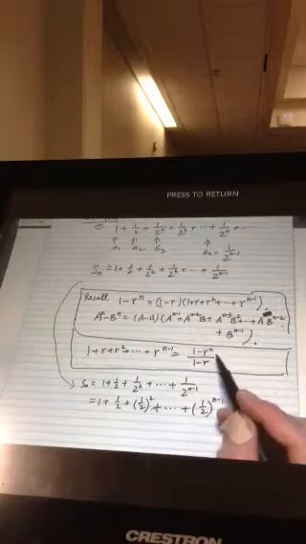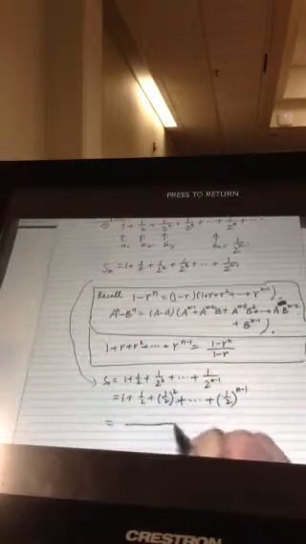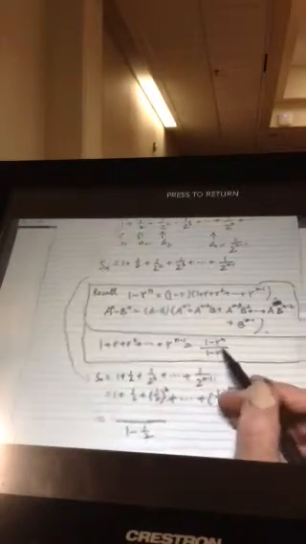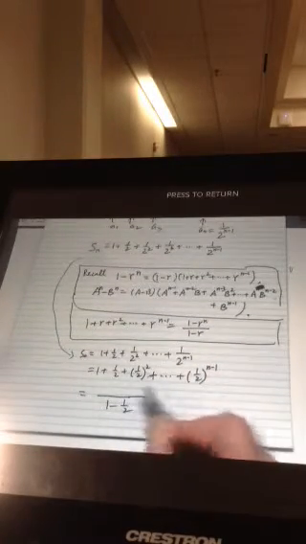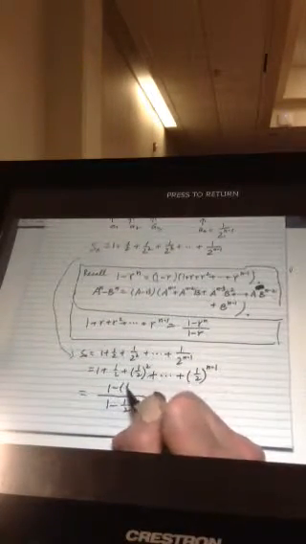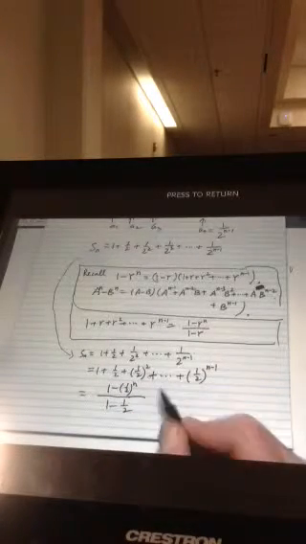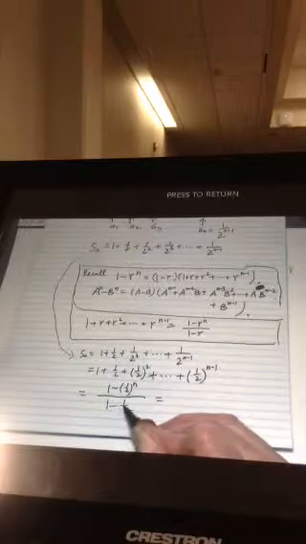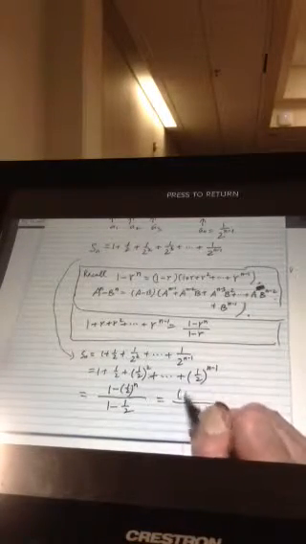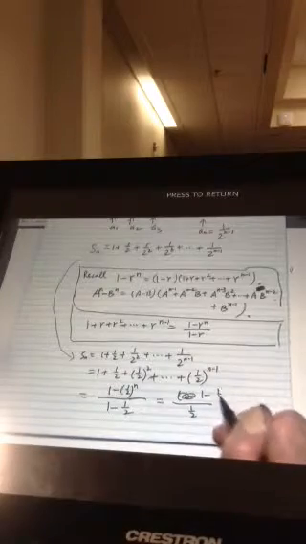And therefore, if I use this rule, this is 1 minus 1 half to the nth power, over 1 minus 1 half. And I can simplify this: the denominator is just 1 half. And so this is the same as 2 times 1 minus 1 half to the n. Okay, same as this guy.